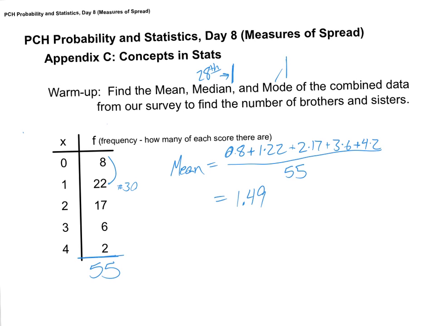Okay, just be careful. By the way, you could do a lot of this in your head, okay? That's 0, 22 plus 34 plus 18 plus 8, that's 82 over 55. It's telling you, okay? It's 1.64.